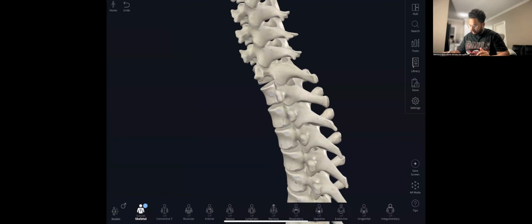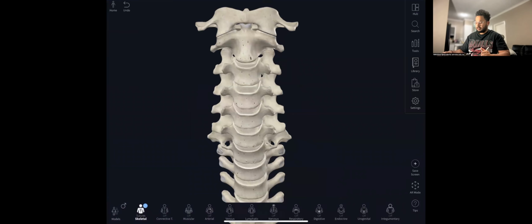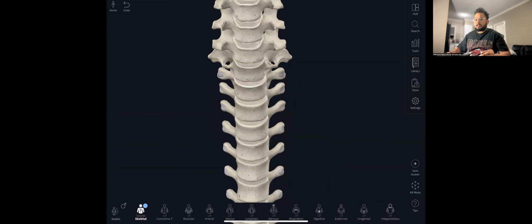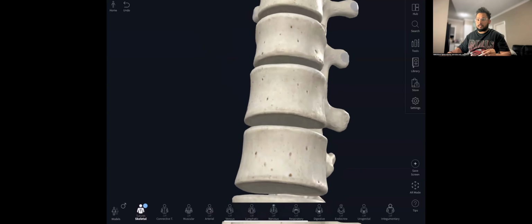As you can see here, it is a cervical vertebra, and because it has to bear less weight, its body is small. As we go down, as you can see, the bodies are going bigger, bigger, bigger. And in our lumbar region, it is your biggest body. All good. But now let's get back to the thoracic region.